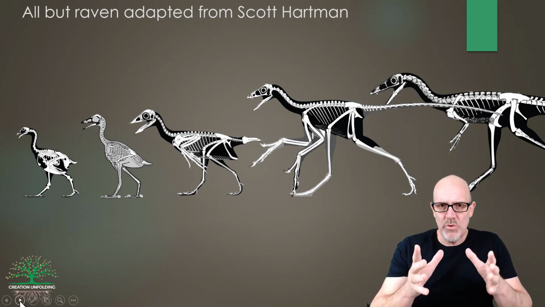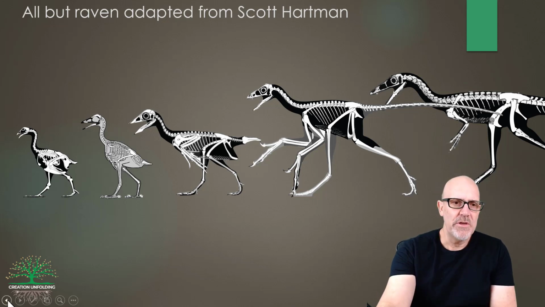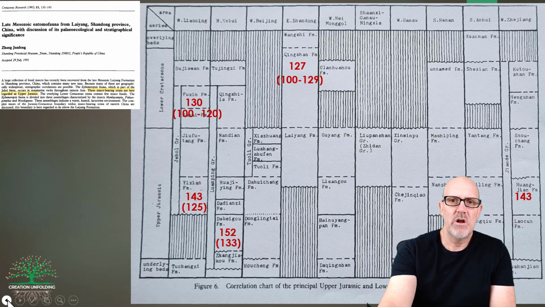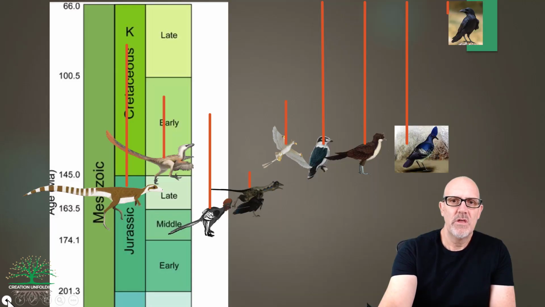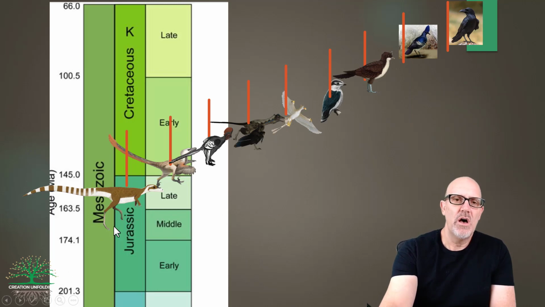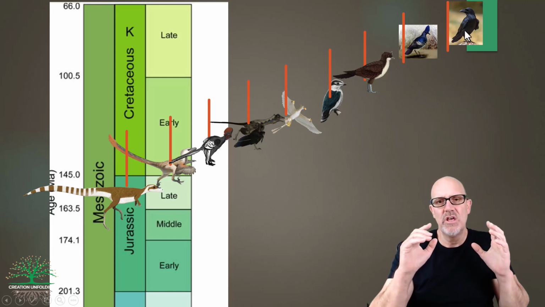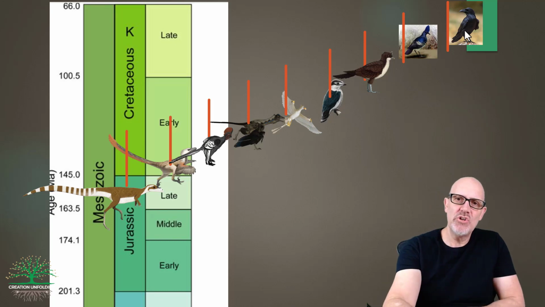But then the next question is the continuity. Let me go back to this, where are we? Right back here. Although we've seen that the fossils don't quite play the way they are supposed to in an evolutionary situation, there does seem to be some continuity here.